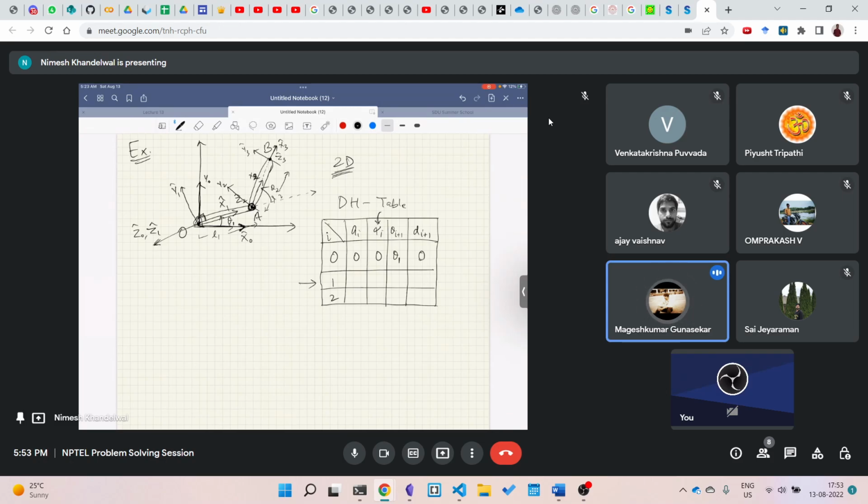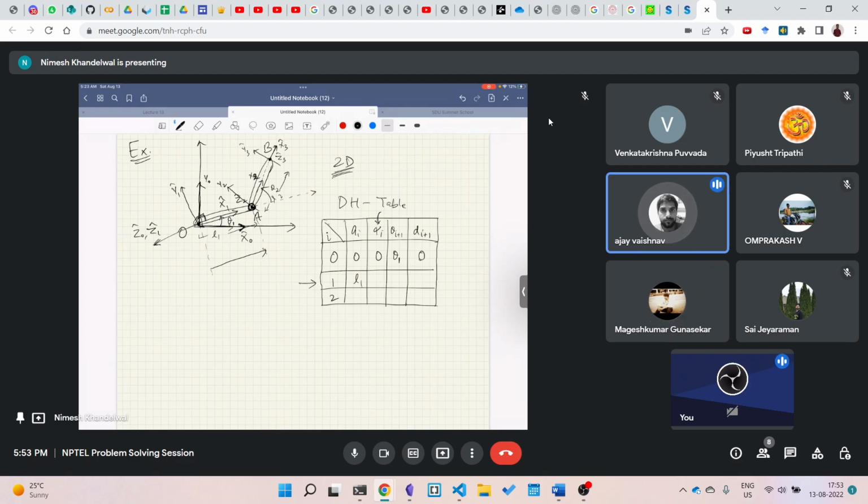It is the distance between the z2 axis and z1 as measured along x1. It is along x1, so this will be L1.